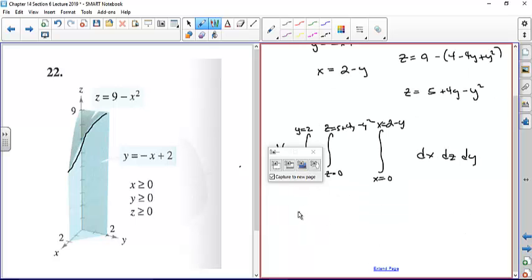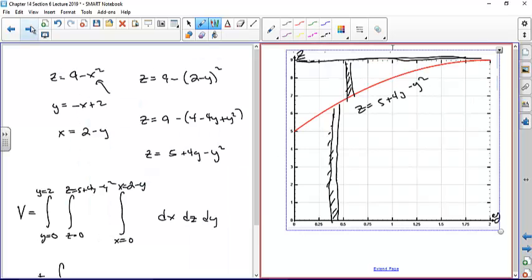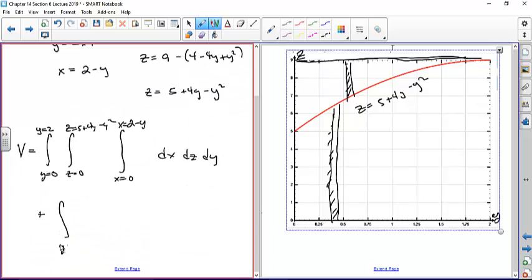And then you'd have this second integral, which would be looking at our domain here, so we're looking at this rectangle. So you're still going from y equals 0 to 2. You'd go from z equals 5 plus 4y minus y squared to z is equal to 9. So that's the upper boundary, that's the lower boundary.